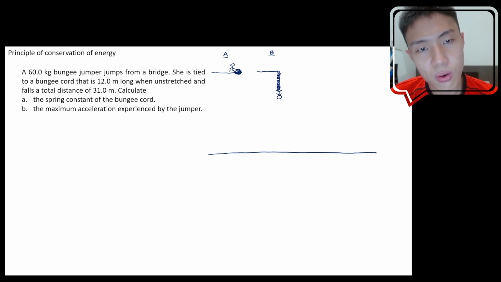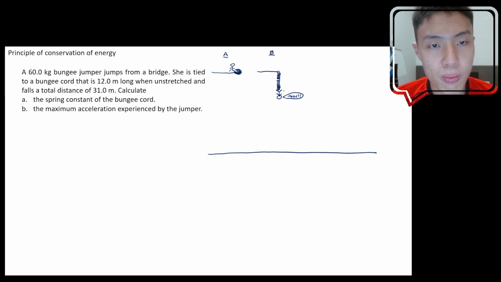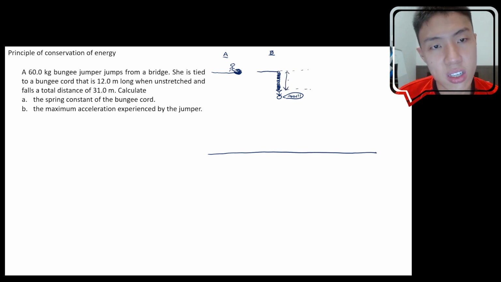So over here, the jumper is already falling. But in this particular situation, point B, the length of your spring is still unstretched. So this is still 12 meters long, unstretched.